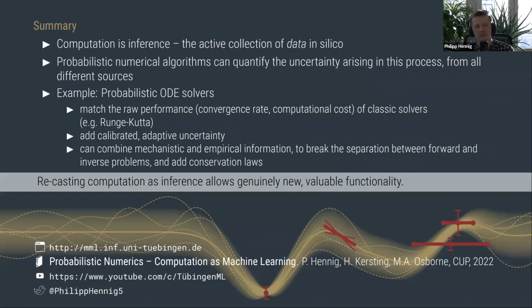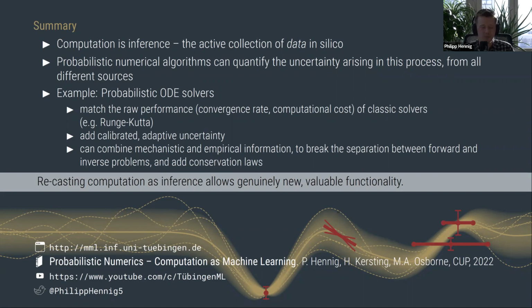The main points I wanted to make are that, first of all, it's a valid idea, in my opinion, and by now we have a lot of scientific work to show that you can think of computation as a form of inference, the active collection of data by a computer using the hardware of the computer.